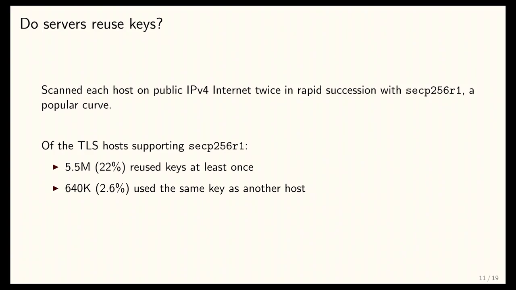And also interestingly, we found that 640,000 of them reuse the same key as another host within the same scan. This could be due to load balancing behavior, or maybe there are some other explanations. So it does look like servers are reusing keys. We have one piece of the puzzle here.